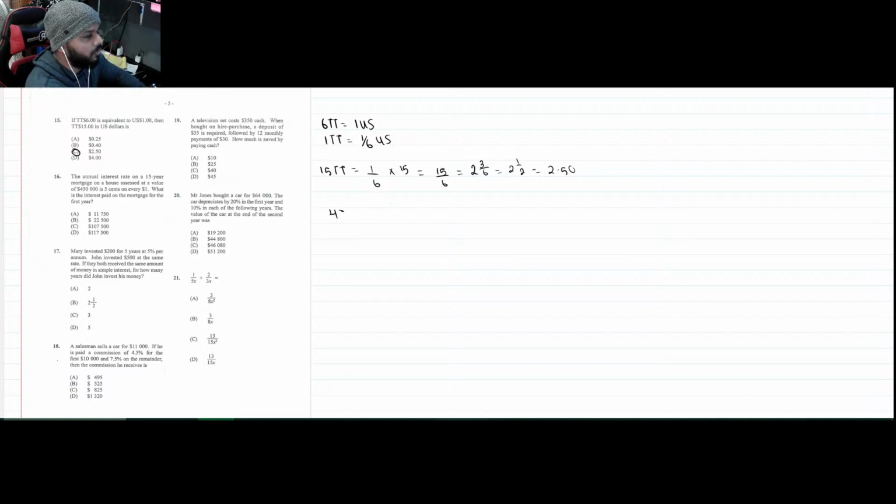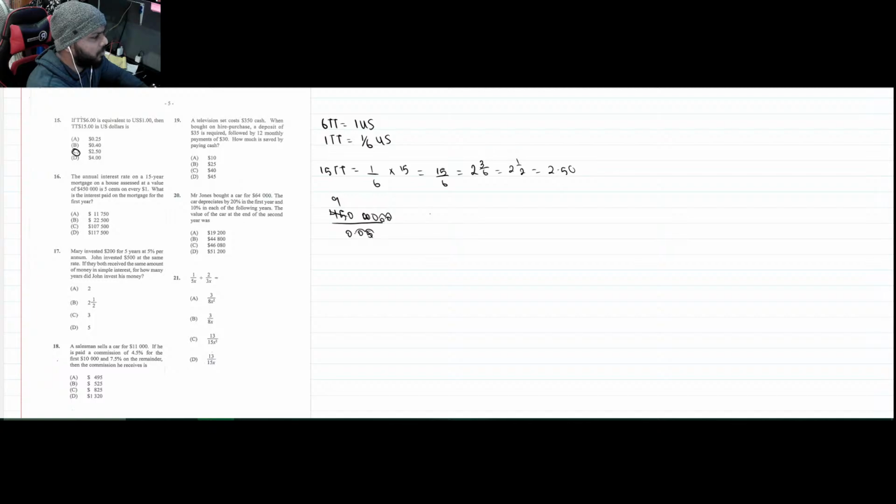So it will be 450,000 divided by 5 cents, and 5 cents is 0.05 of a dollar. So we get 0. 5 into 45 is 9.